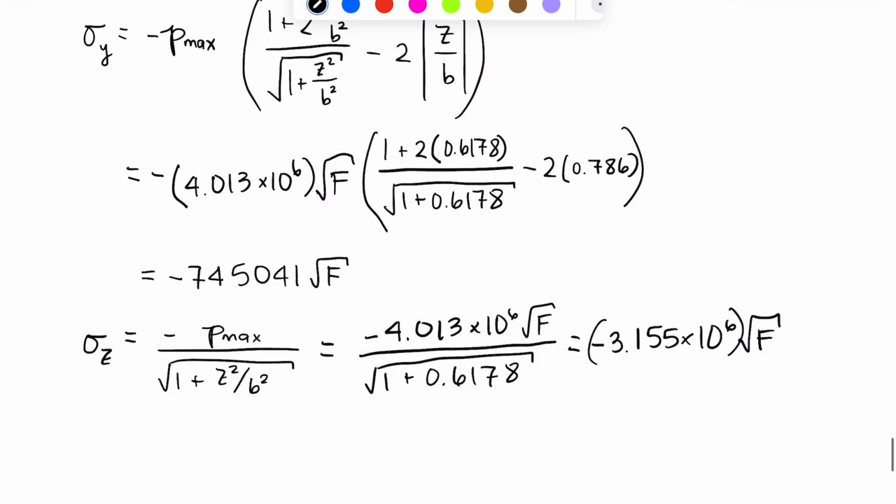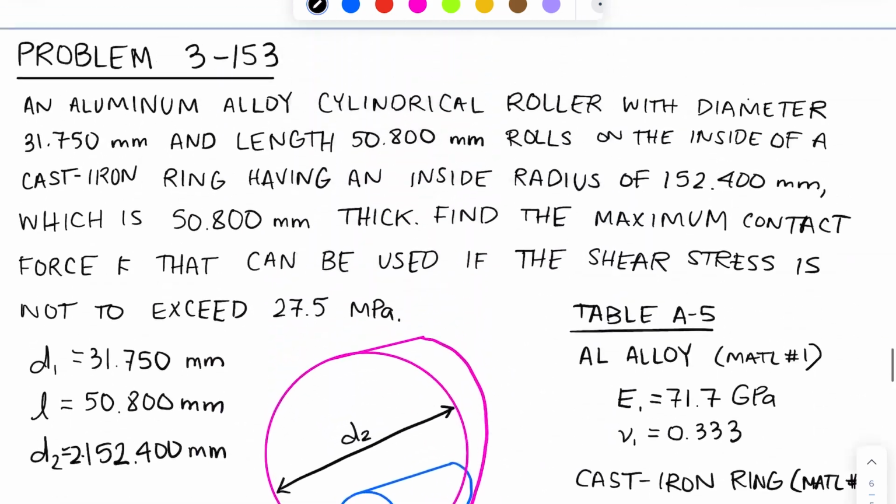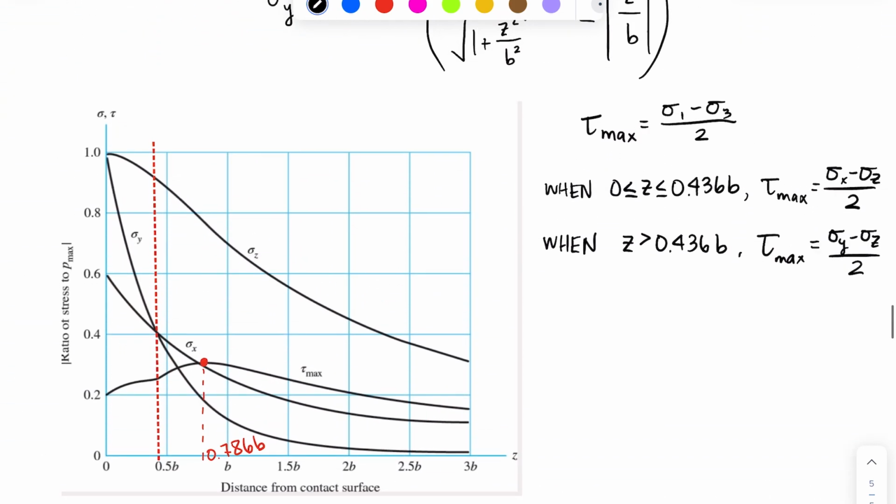Both of these stresses are giving us negative numbers, and it's compressive stress that develops when we have contact. So this is making sense. The magnitude of sigma z is greater than the magnitude of sigma y, which again is what we would expect. That is what we see in this graph. So everything is checking out so far.